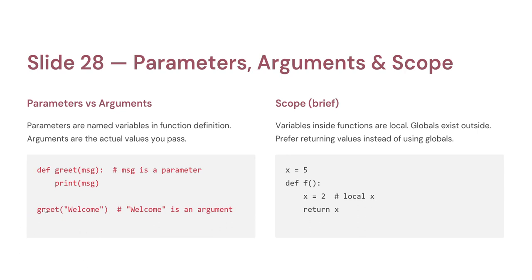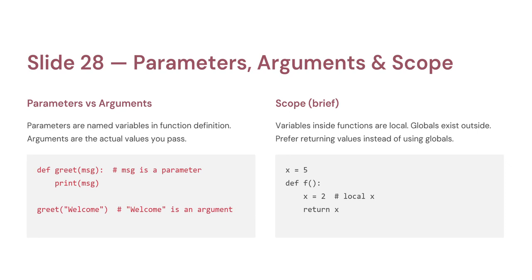Example, def greet(message). Message is a parameter, it is like a placeholder. Arguments are the actual values we provide. For example, greet("welcome"). Welcome is an argument.